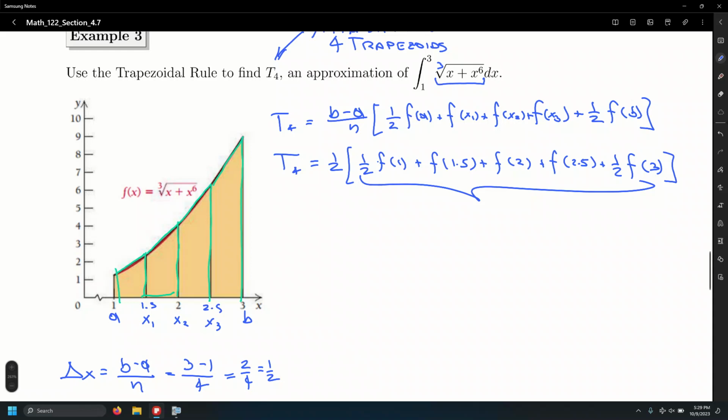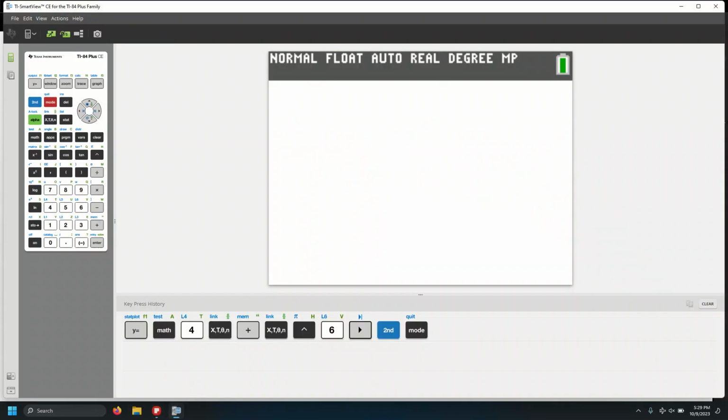Our graphing calculator uses the letter Y, but it's going to be the same. And again, keep in mind that the first term and the last term have a coefficient of 1/2, as opposed to the previous methods, that is the midpoint, the right endpoint, and the left endpoint, none of which have a coefficient there. All right, so let's go for it.